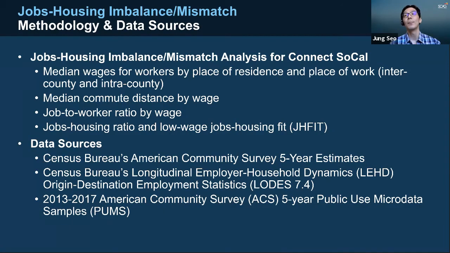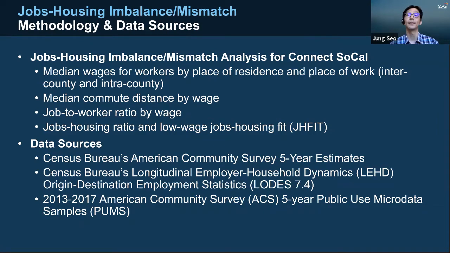So in this study, we compared the median wages for inter-county workers and intra-county workers. We also compared the median commute distance and jobs-to-worker ratio by wage. And in addition, we looked at the jobs-housing ratio and low-wage job-housing fit. We used the following three major data sets.